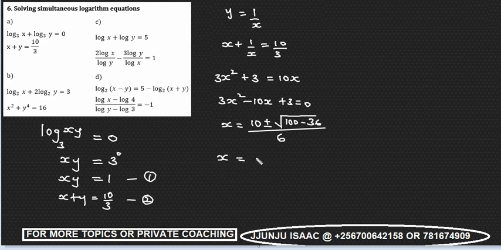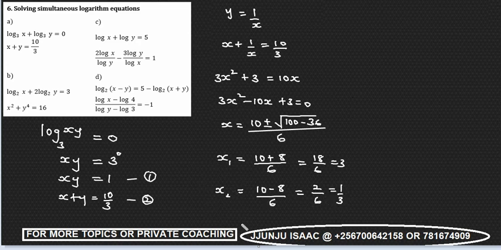So x is going to be equal to 10 plus or minus the square root of 100 minus 36, which is the square root of 64, which is 8, then divided by 6. This gives us 18 over 6, and we get 3. That is x1. The second x will be 10 minus 8 divided by 6, which is 2 over 6, and we get 1 over 3. So these are two values of x.